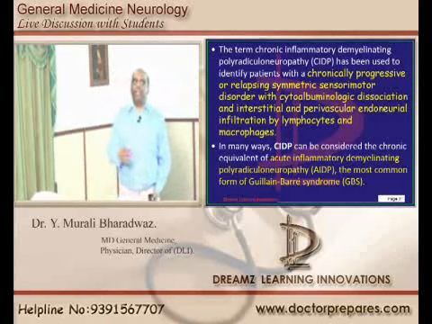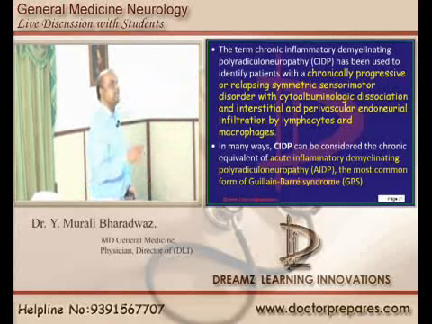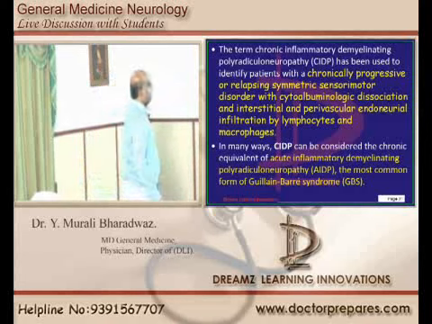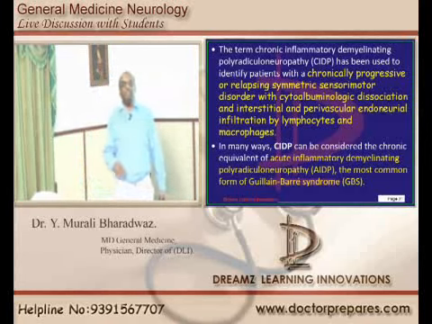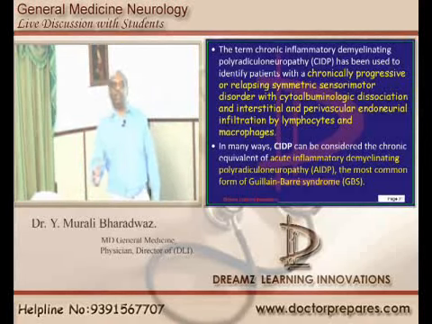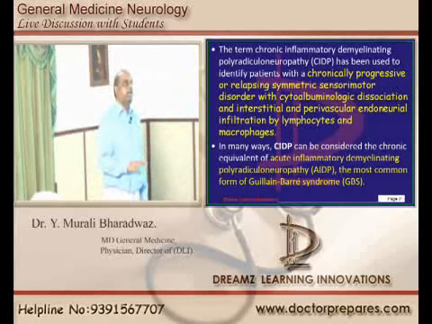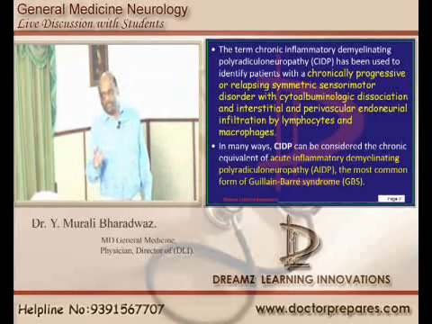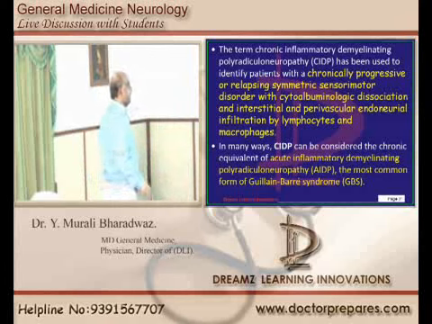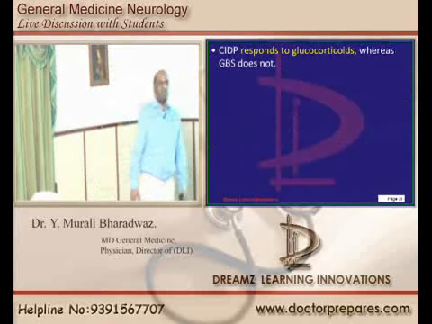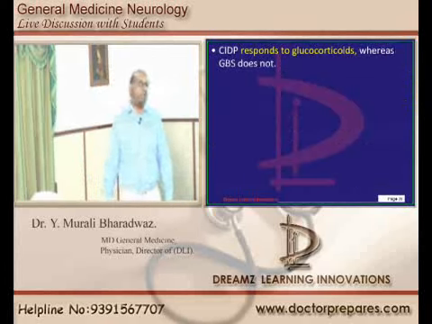If it occurs acutely, you call it Guillain-Barré, otherwise you call it CIDP. Another difference is, if it is CIDP and you give steroid, it will respond, but GBS does not respond that dramatically to steroid administration, is what you need to understand.